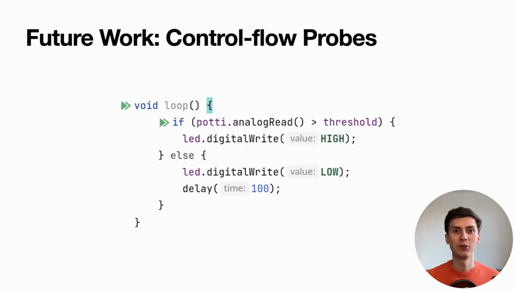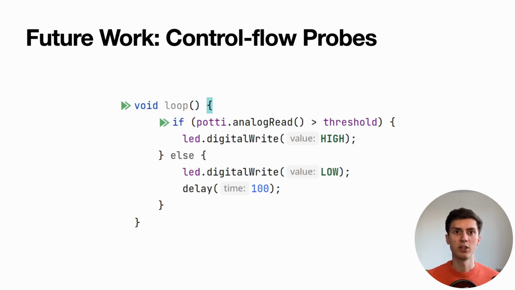Future work could further improve on MµSE by adding additional probes that not only visualize expression values, but also make the control flow visible, like showing which methods and statements are executed. The lack of this information sometimes added confusion in our study.